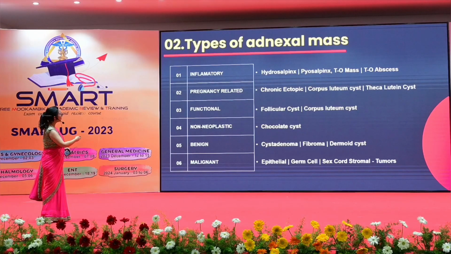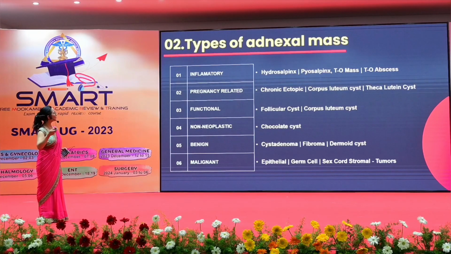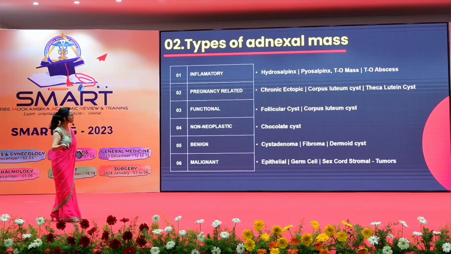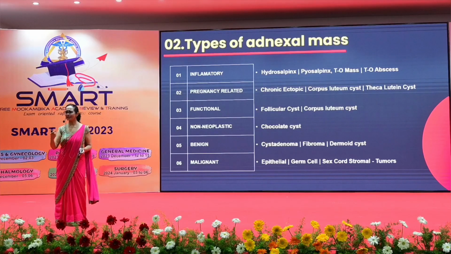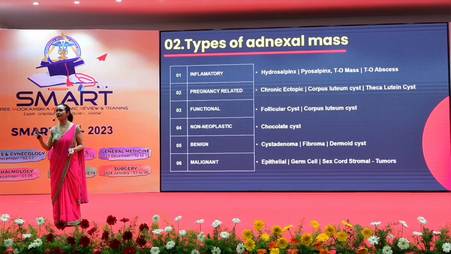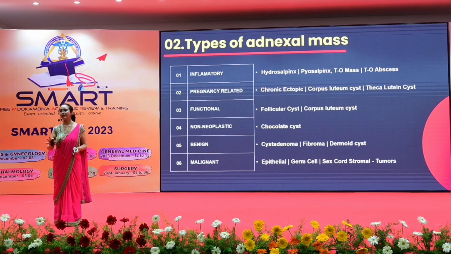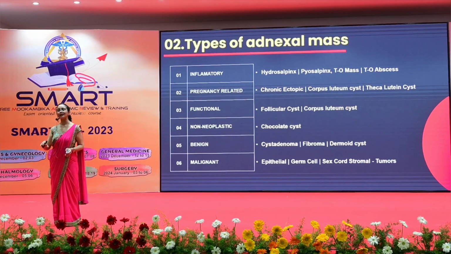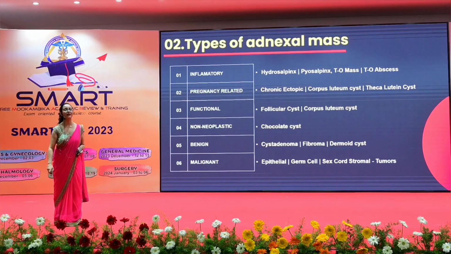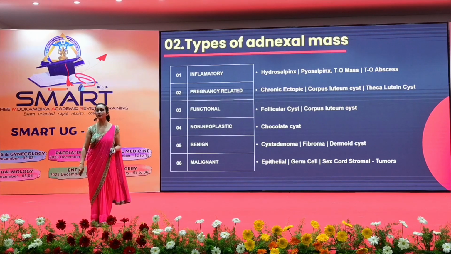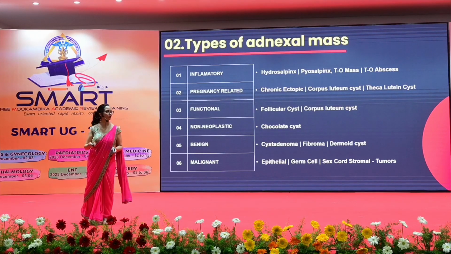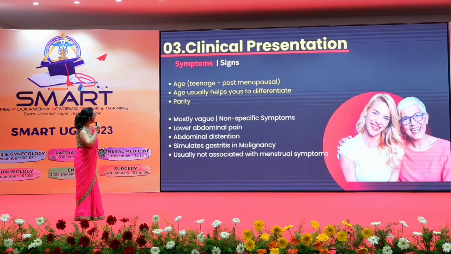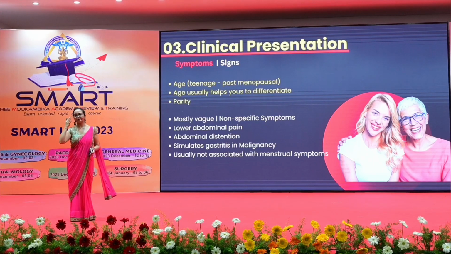The malignant counterparts can be epithelial tumor, germ cell tumor, or sex cord stromal tumor. I am not going into details of any of these, but I just want you to know that these are your topics and probable questions which may be asked as short notes. So, clinical presentation.